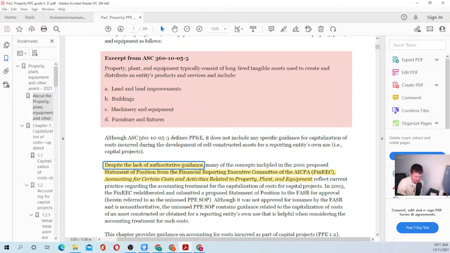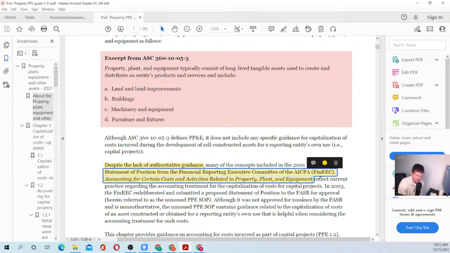One of the places where we can look for capitalization is a statement of position from the Financial Reporting Executive Committee of the AICPA, accounting for certain costs. So though there is no straightforward guidance, we can find guidance as that relates only to self-constructed assets.